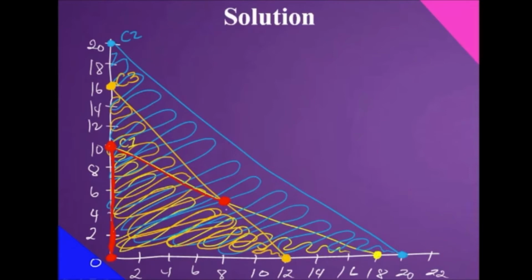Tapos pababa dito, at pabalik ng 0. Ibig pong sabihin, ito ang ating feasible region, itong area kung saan common sa kanilang tatlo: C1, C2, and C3.